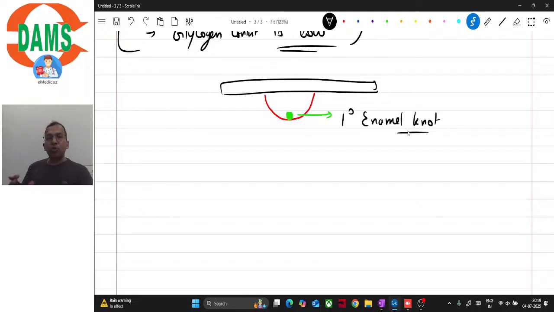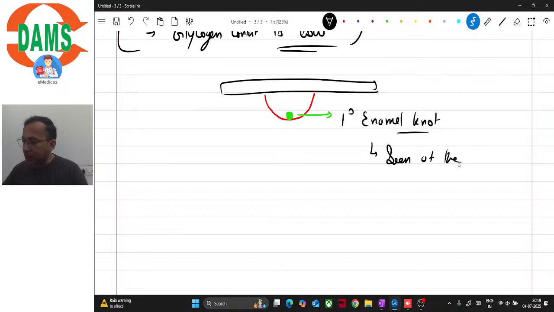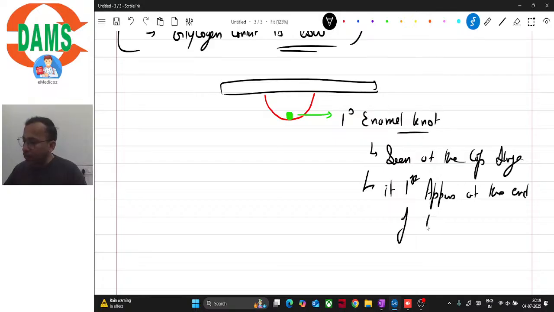Don't be shocked, the primary enamel knot is seen in the cap stage, but it first appears at the end of the bud stage.